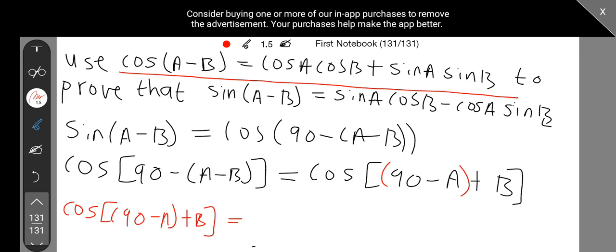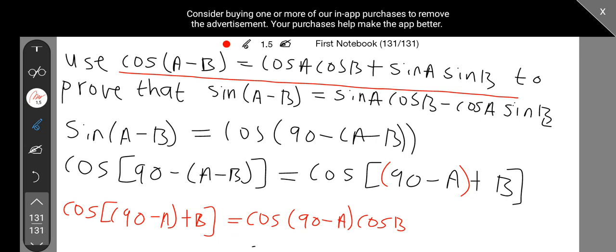So we're going to do the same thing. We're going to say that cos(90 − A + B) is equal to the cosine of (90 − A), which we take as one thing, that's why we've placed it inside brackets, followed by cos B. And remember, with cos the sign here is different from the sign we're going to put on the outside.